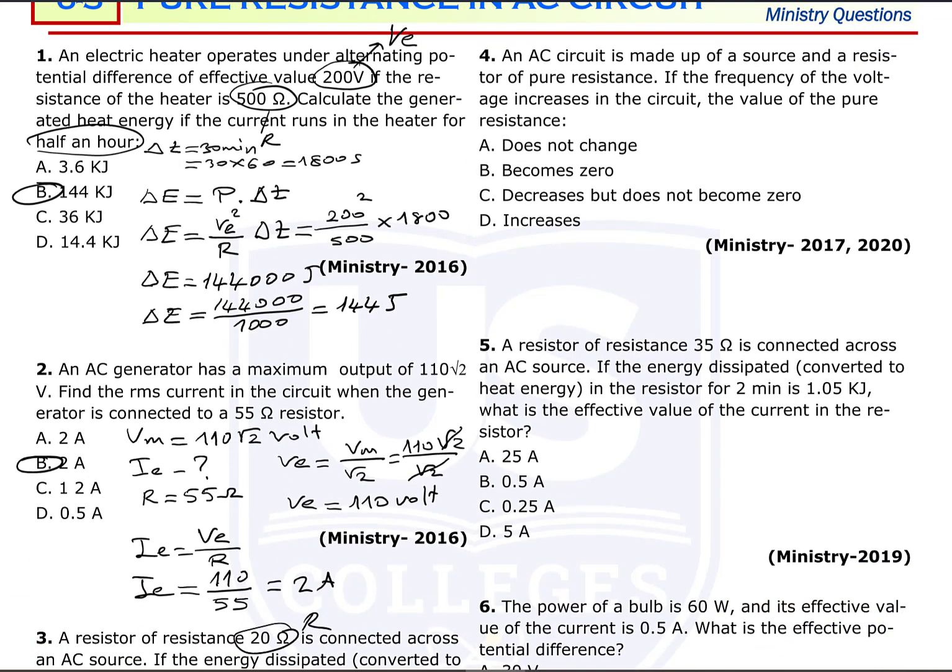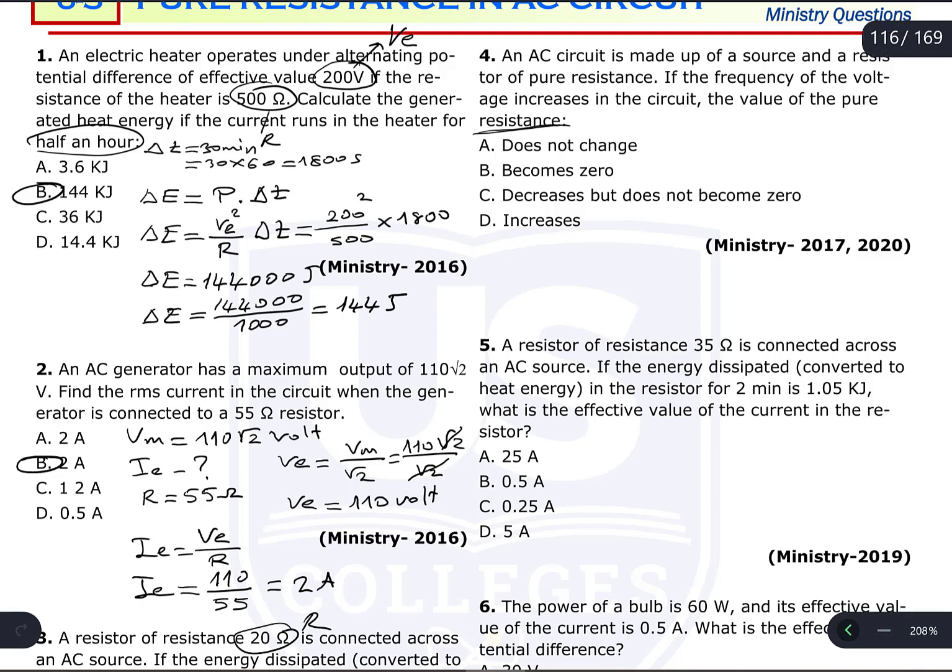And question number 4. An AC circuit is made of a source and a resistor of pure resistance. If the frequency of the voltmeter increases in the circuit, the value of the pure resistor.